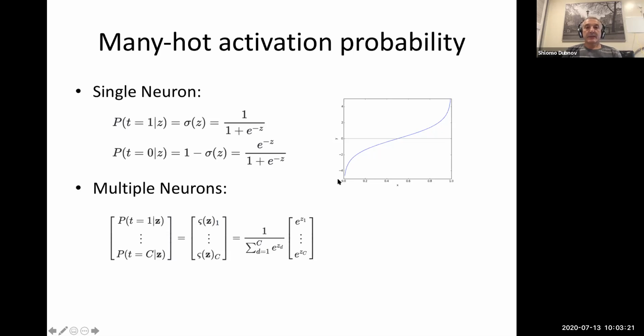And then we want to translate this to a probability. So if all we have is one neuron at the output, and we want it to fire or not to fire, or if we have a binary classification problem where we want to know if this belongs to class 1 or 2, we can just use the single neuron probability.